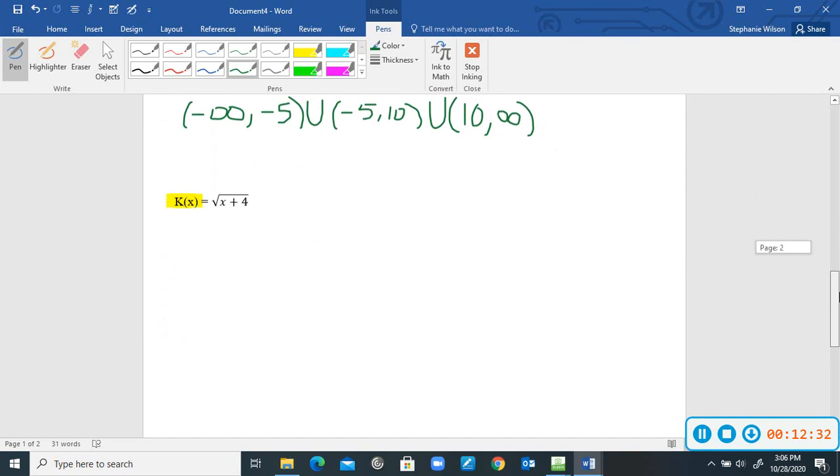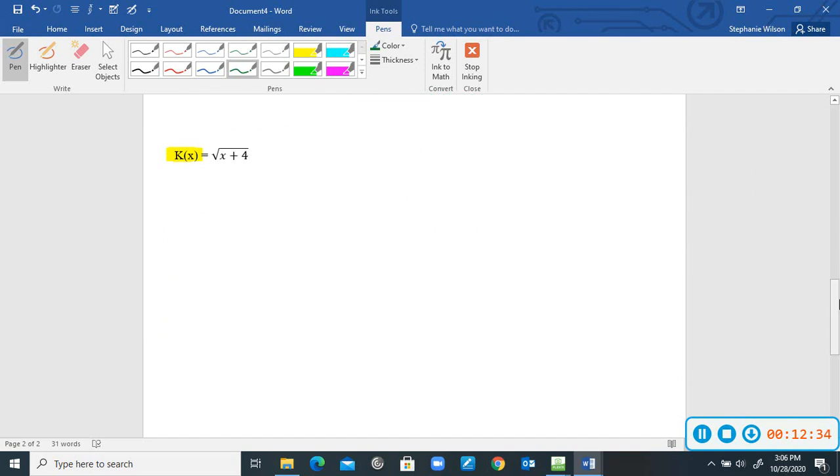Now, let's do our last one. Our last one says we have k of x is equal to the square root of x plus 4. A little side note: if you're taking an odd root, like cube root, fifth root, then my domain is all real numbers.